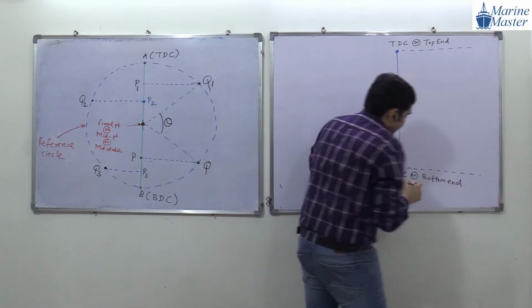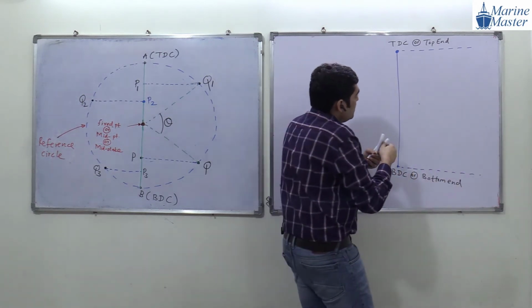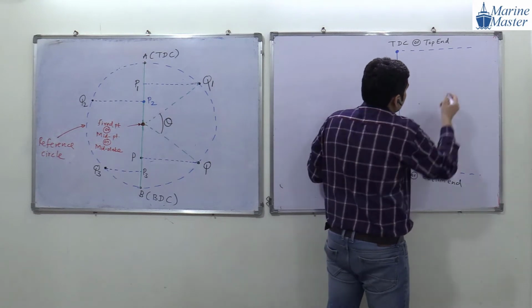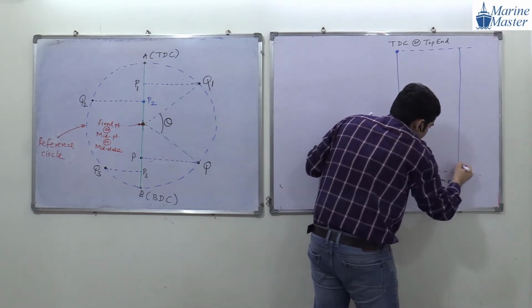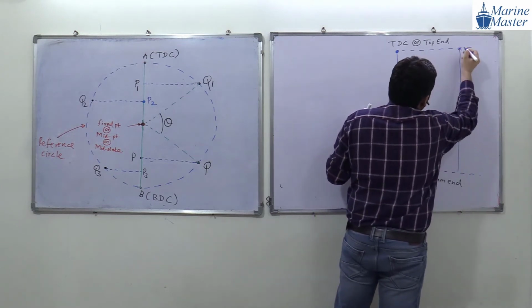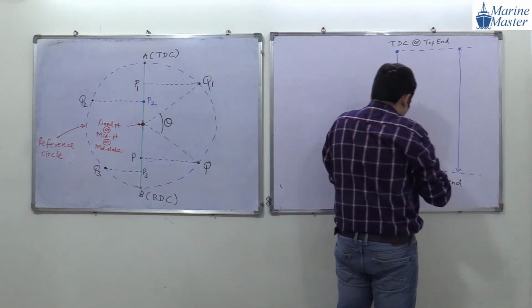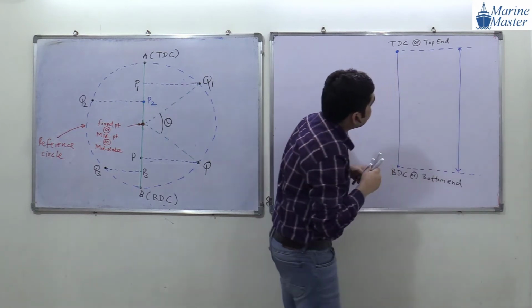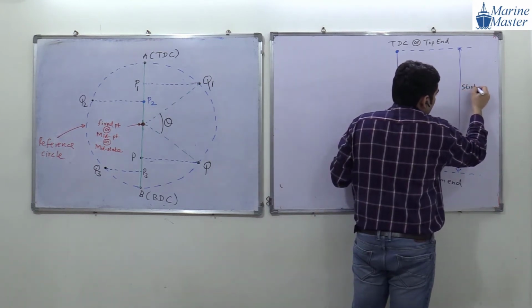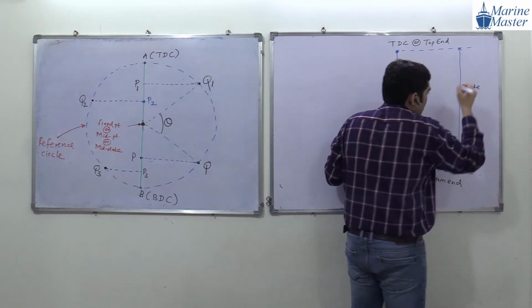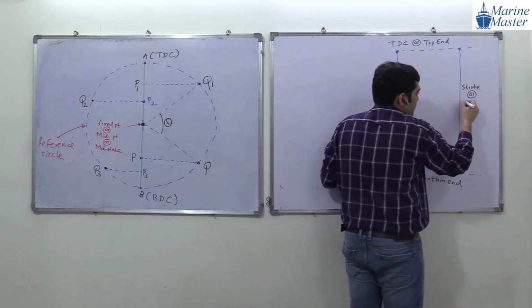What is the name? Just now we studied it, everyone. Stroke. Okay, correct. So this distance between TDC and BDC we will say is the stroke, or total travel.